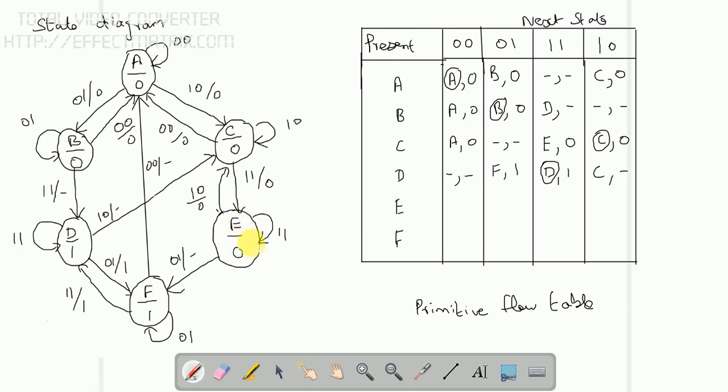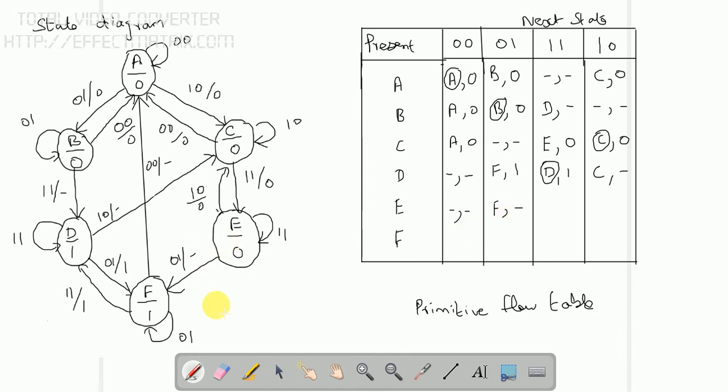So from E to A, I have a connectivity? No. So that is dash comma dash. And now, next, E to B, B has the input of 0 1, but there is no connectivity. But I have another input of 0 1, which is F. So E to F, I have a connectivity. So for 0 1, it is F, comma, what is the value here? Don't care value. So output is don't care.